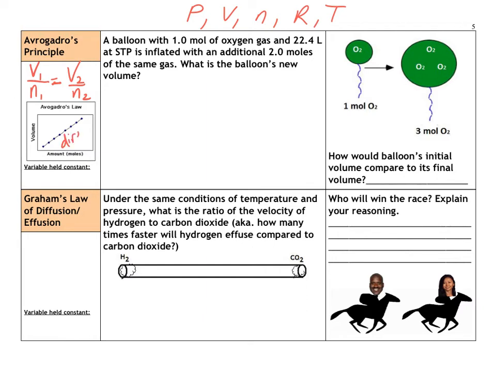And that makes sense. It's like pumping up a balloon. When you pump a balloon, you add more moles of gas, air specifically, and so the balloon starts to increase in volume. Variables held constant are P, R, and T.